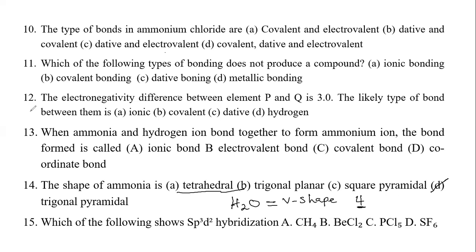So please put that in mind. When both answers are in the options, you go for the actual shape, which is trigonal pyramidal, the distorted shape. All right. Now, question number 15 says, which of the following shows sp2 hybridization? Okay.